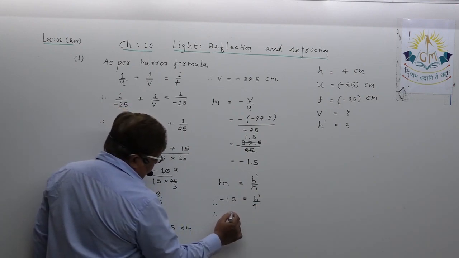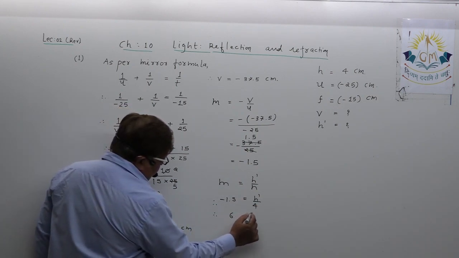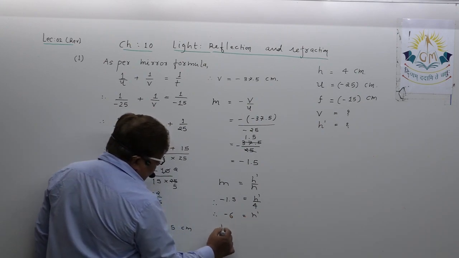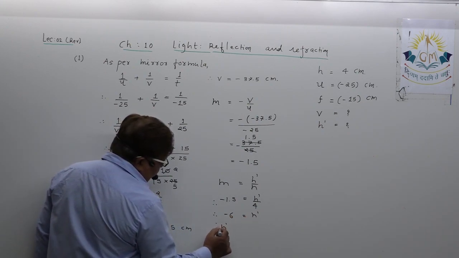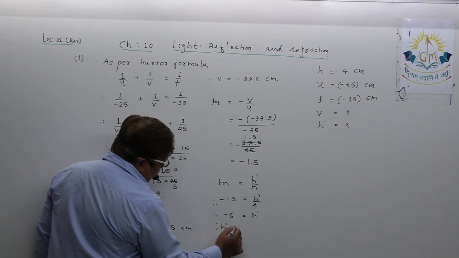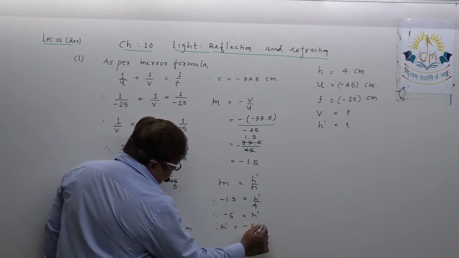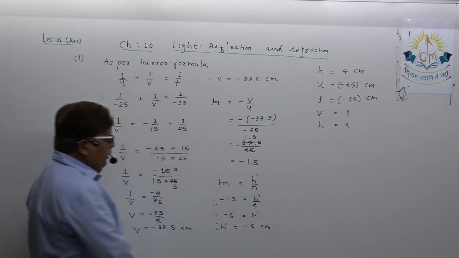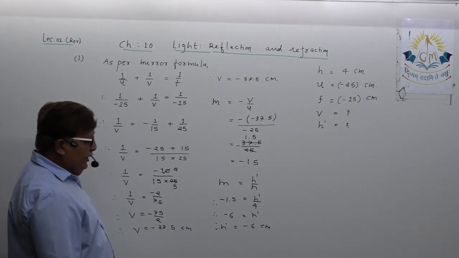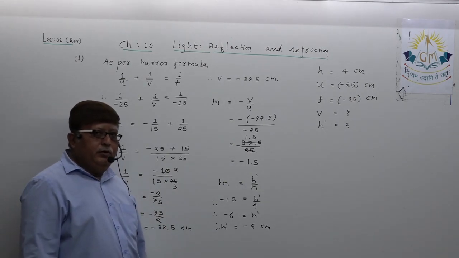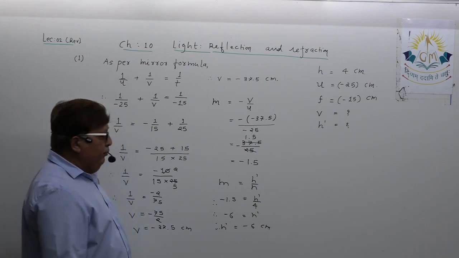Just cross multiply: 6 equals h dash. Here we have to place a minus because the image is real and inverted. But when you write the final answer, you would not put the negative sign.